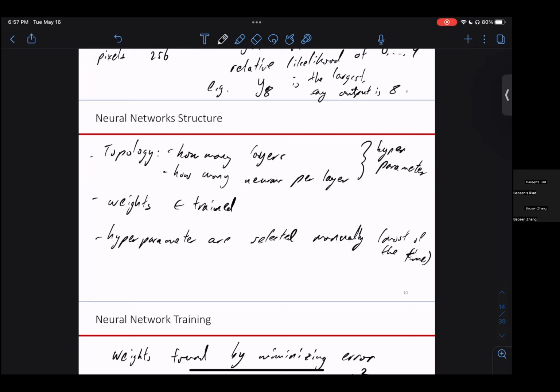How do you tune this? What is the right architecture to select? It takes some experience. If you're very good at tuning these parameters, you can make a lot of money. There are some people who are very good at tuning parameters, and some who are not.